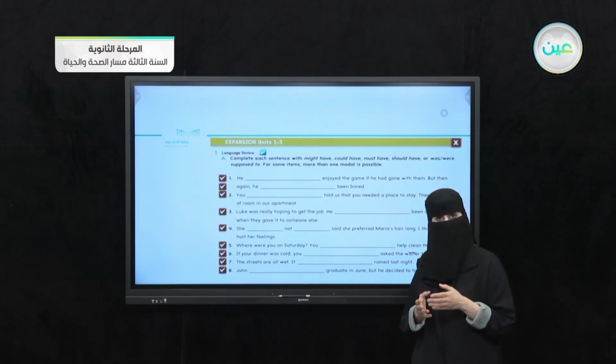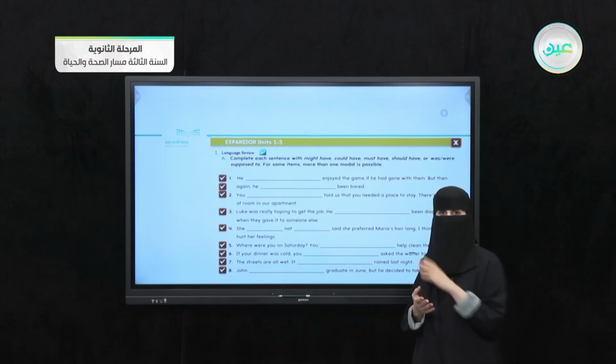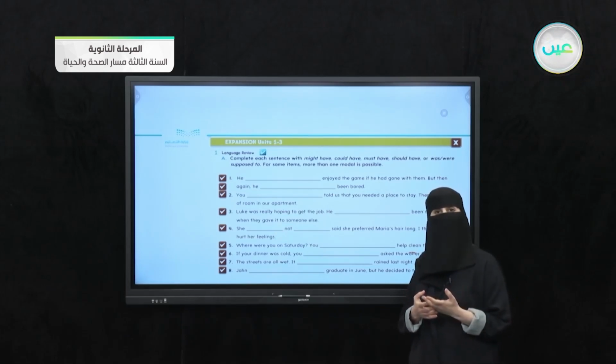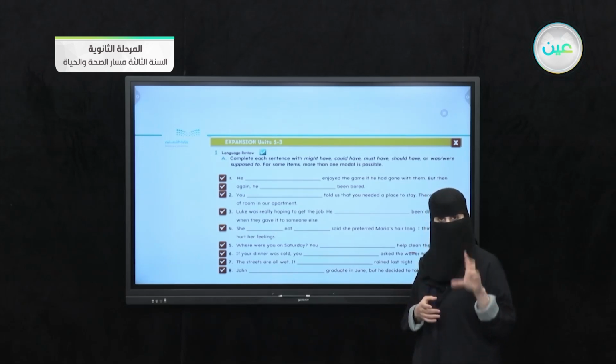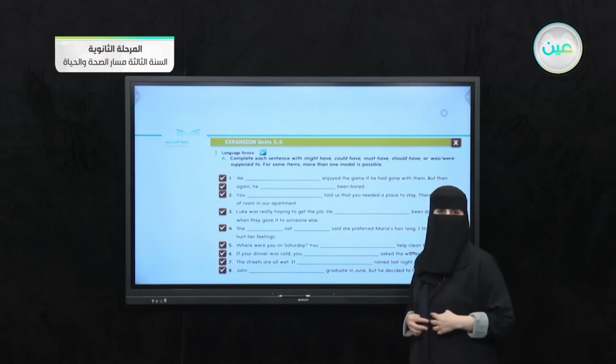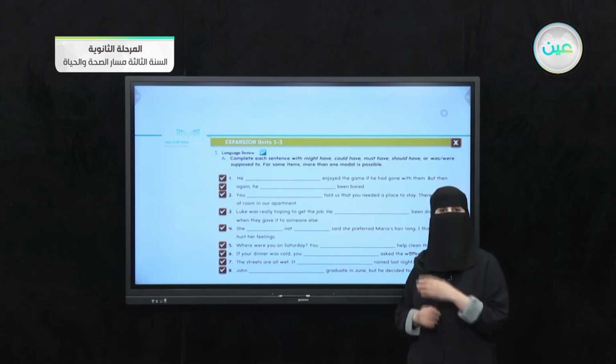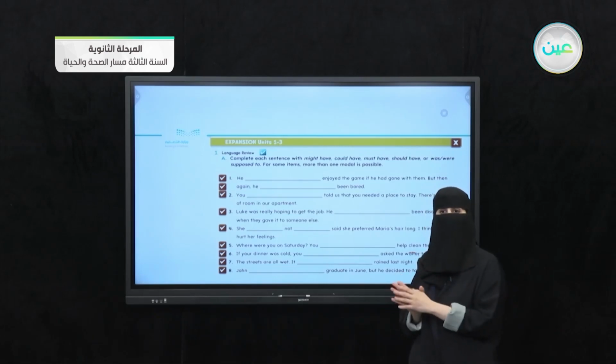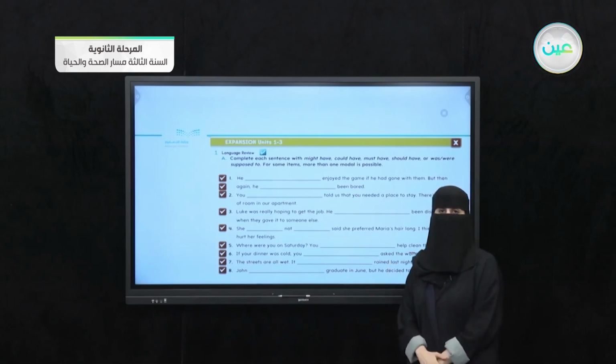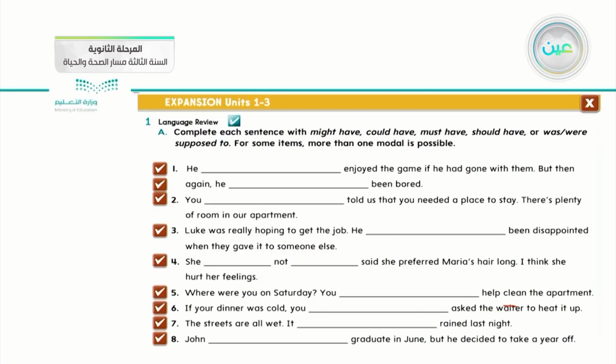And the structure of it is also different from the previous one. So what is the structure of passive modals? We put the subject, then I add the modal, after that have been and past participle. Okay, so let's begin our question and see what we have.